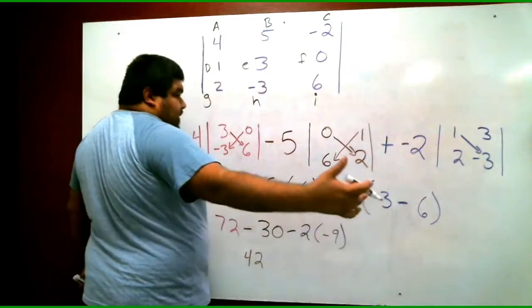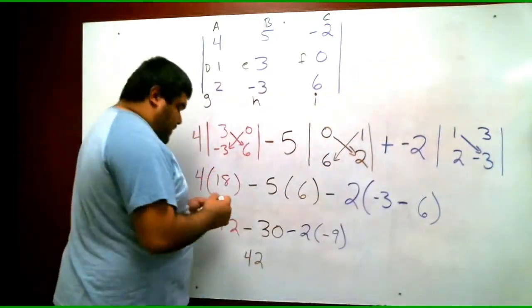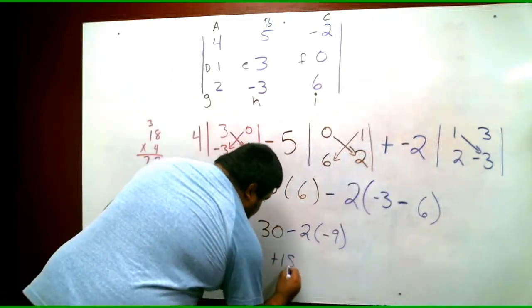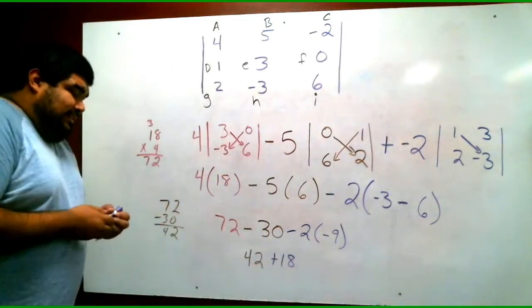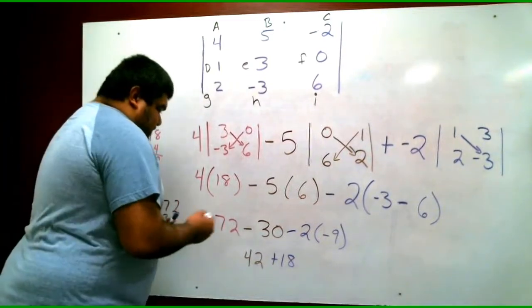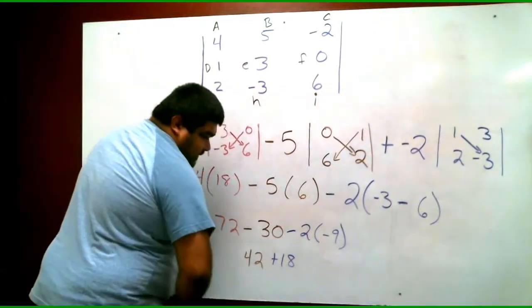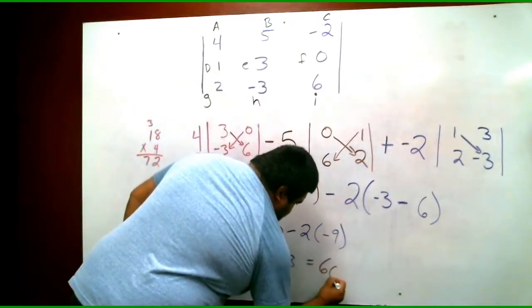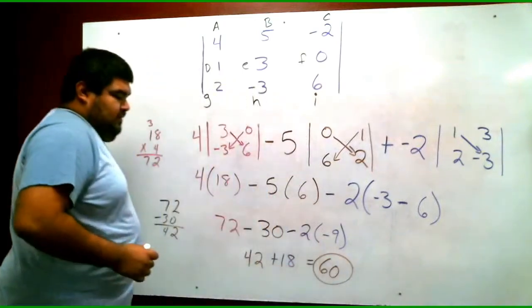They're both negative, so they become positive, right? So now we have plus 18, and 42 plus 18 is 60. So our answer is 60.